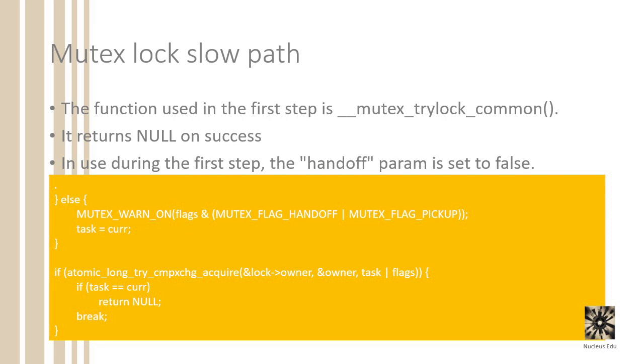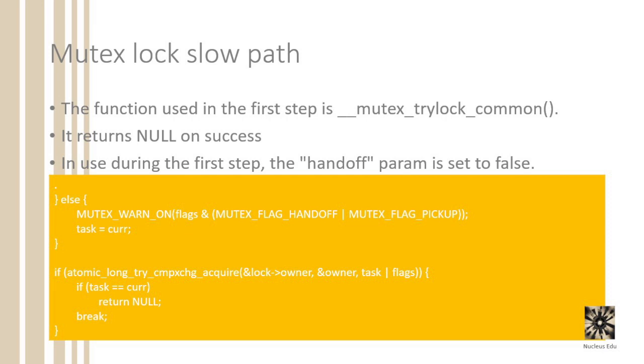Maybe it got released in between the fast path and this slow path first step code. It doesn't have an owner. What it's going to do is set task equals to current, which is the pointer to the current task structure, and then it's going to try this atomic compare.